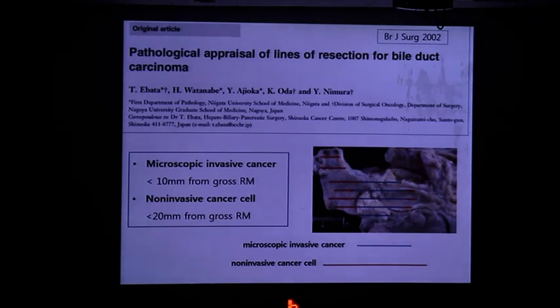This paper is also very valuable from the Nagoya group. From the gross margin, microscopic invasive cancer can go 10 millimeters, and non-invasive cancer cells, meaning carcinoma in situ or highly dysplastic cells, can go up to 20 millimeters.